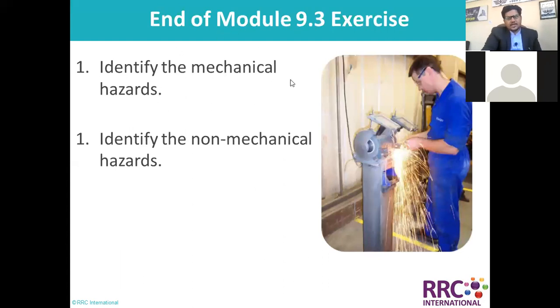Now, in 9.3, we have learned how to identify mechanical hazards and non-mechanical hazards, with examples, as we discussed in the last slide.